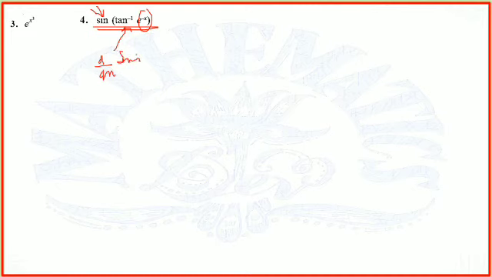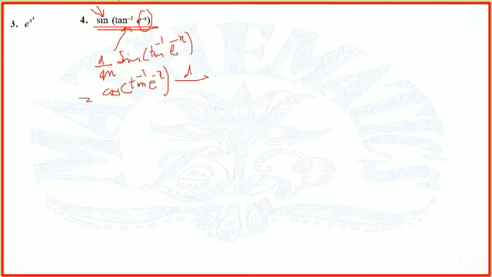We will be writing sine, angle is tan inverse exponential minus x. So the derivative of sine is cos, and the angle will remain as it is, tan inverse. You cannot change whatever angle is given in the question, that only you have to write, exponential minus x. Now the derivative of the angle of sine, meaning this tan inverse exponential minus x.